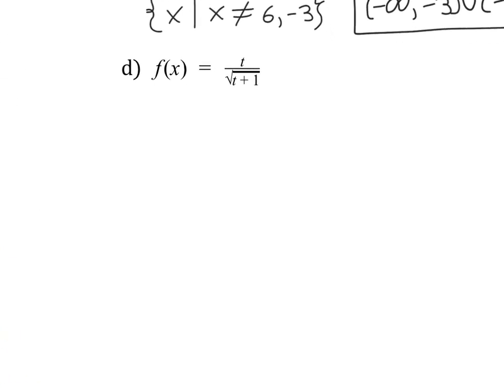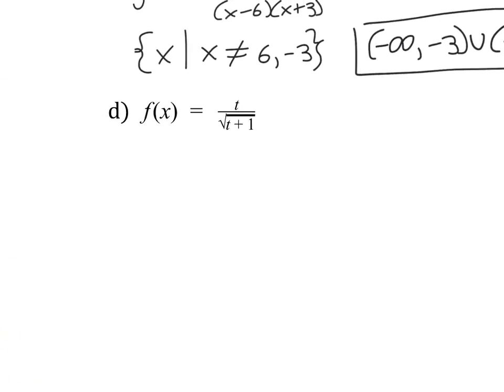Okay, so for this last example, we actually have two things we need to watch out for. We have a rational function, so we know that our denominator cannot equal 0, but we also have a radical expression within it, so we know that our radicand must be greater than or equal to 0. Typically I would say look inside your radical and say t plus 1 must be greater than or equal to 0. However, in this case, since our radical is in the denominator, it cannot equal 0.